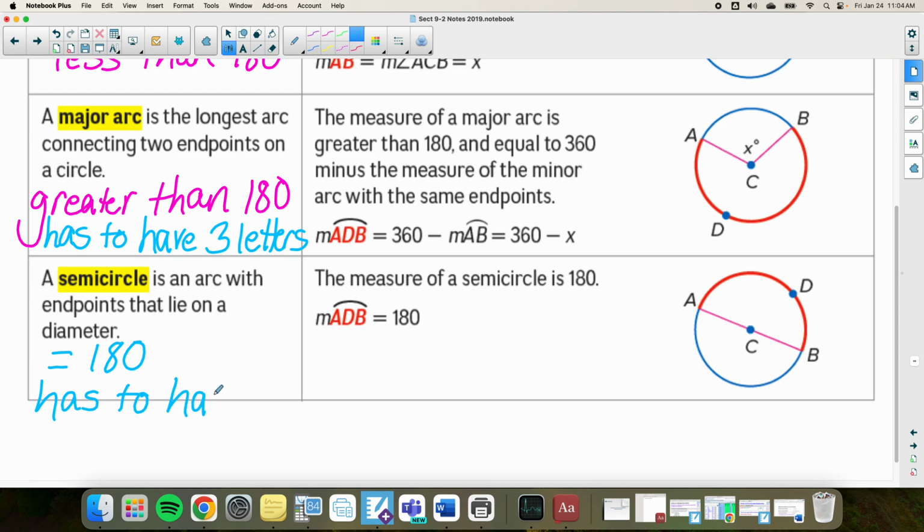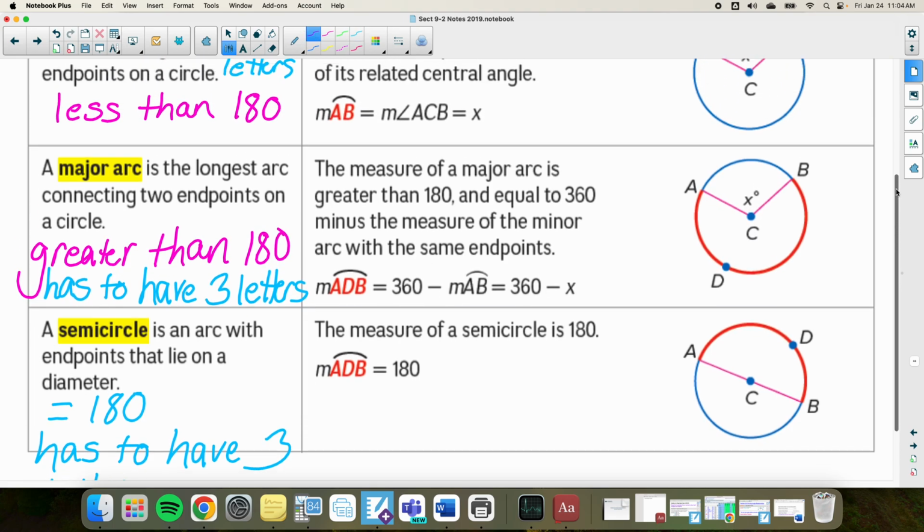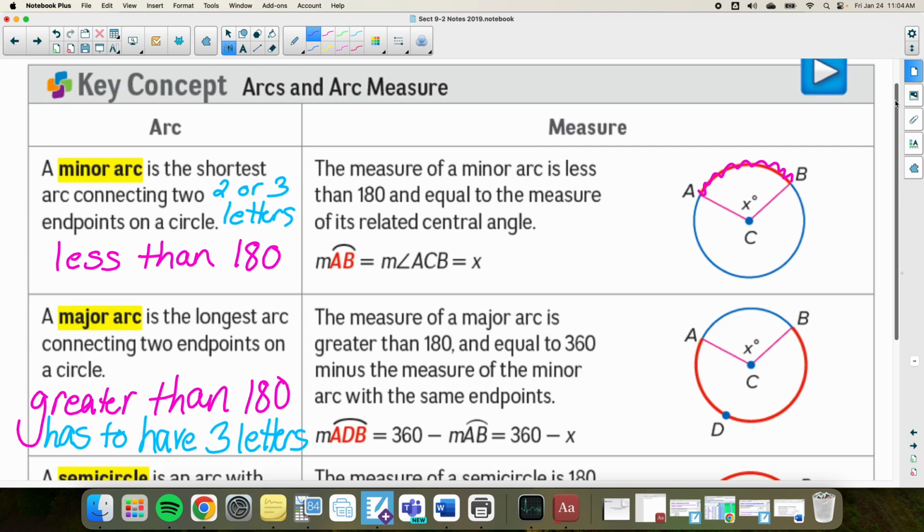So if it has 3 letters, it could be any of these. Okay? Then, if we look back over here, with the minor arc, I've talked about this already, whatever this angle is, is going to be what that arc is, okay?